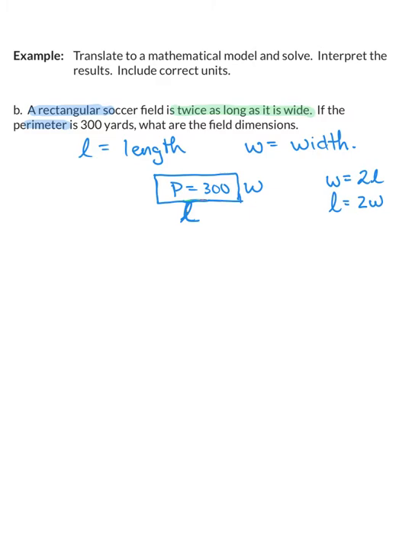If it is twice as long as it is wide, that tells me that I want my length to be bigger than my width. So W equals 2L is not the one I want, because if you multiply the length by 2, then your width is always going to be larger. So the one that I want to go with is L equals 2W. That is our first equation.